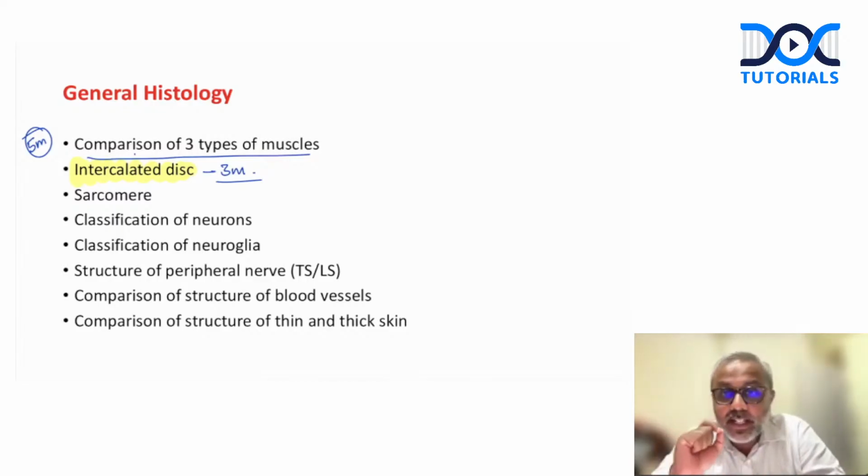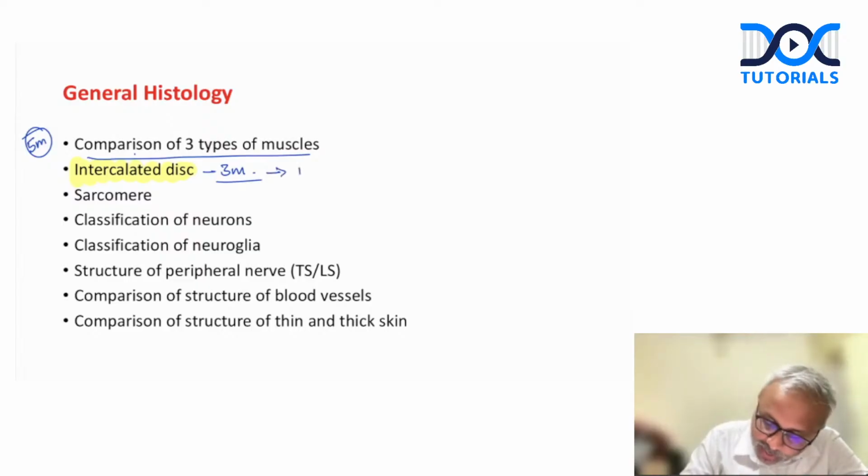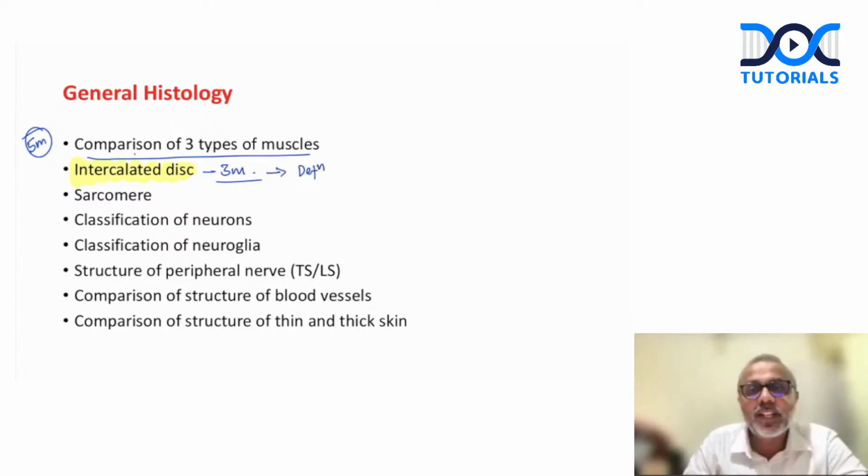Intercalated disc is a specialized type of cell junctions which brings two cardiac myocytes together. Now, what are the three types of cell junctions present in intercalated disc? This is what the examiner will expect, right? So intercalated disc, what you need to do is define it, right? Mention the types.